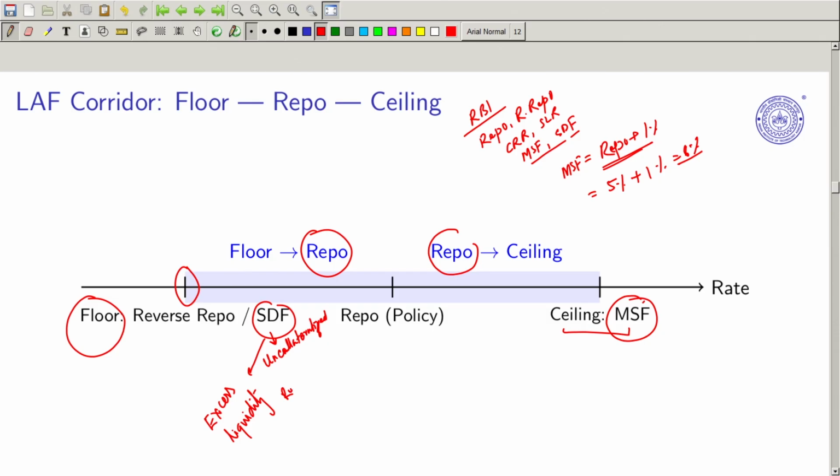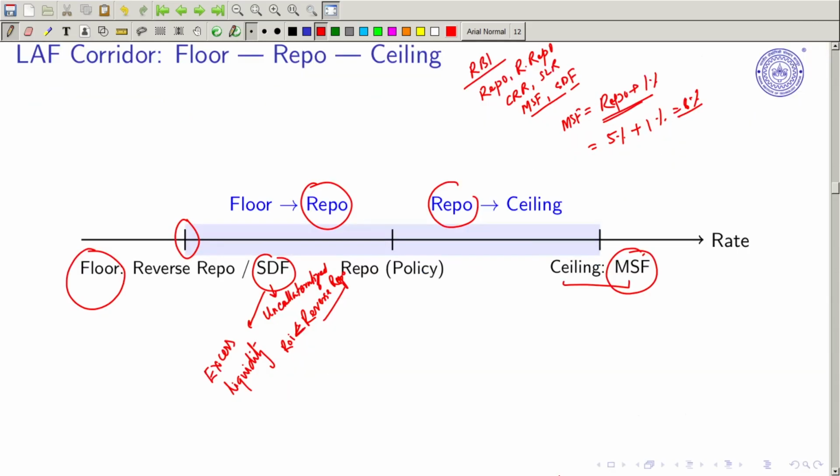That rate will be lower than the reverse repo, because the reverse repo requires collateral of government securities, while here you do not have any collateral. So with ceiling and floor, I have tried to show which instrument offers the lowest yield for the banks and which is the costliest.